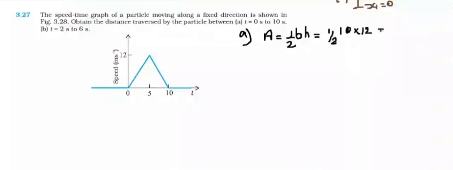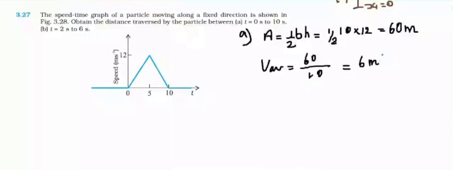So the distance traveled by the particle during 10 seconds is 60 meter. Then what is the average speed? Average speed or average velocity is equal to total distance divided by total time. So you have 6 meter per second as the average speed.